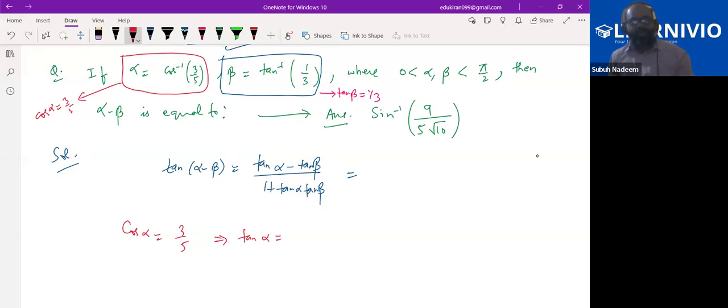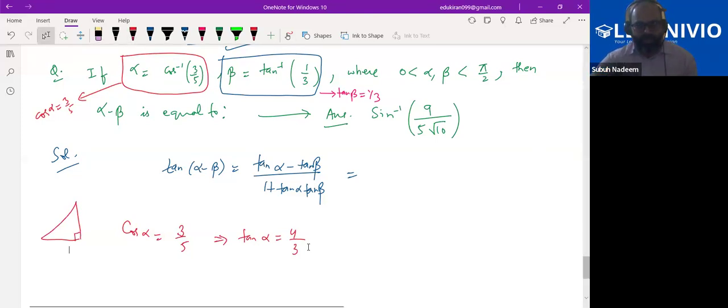It is like base by hypotenuse, no? And for tan, we need perpendicular by base. So base is 3 and hypotenuse is 5. So what will be perpendicular? Root over 25 minus 9, root over 16, that is 4. This is this triangle, a right angle triangle.